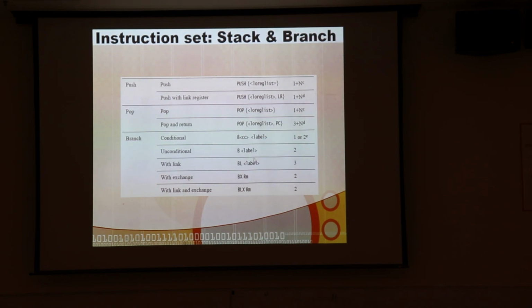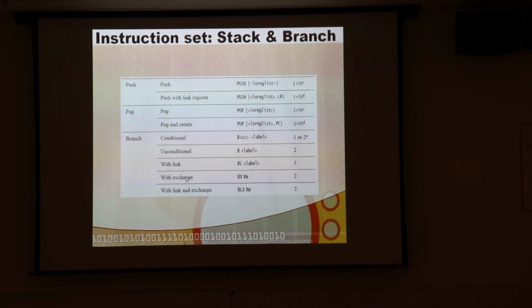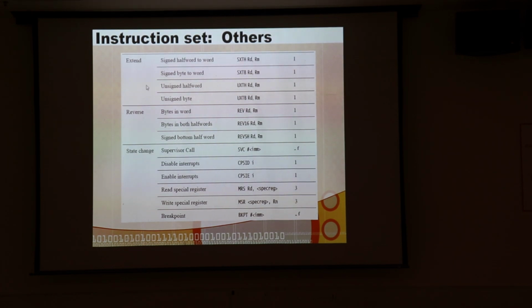The unconditional branch, you just have the address you're going to, the label, and then you can use the link register. I'm not exactly sure what that means. And then there's a branch with exchange, and with link and exchange, I don't really know what's going on with those. I think those are things that C uses and not typically used in standard hand-coded stuff.